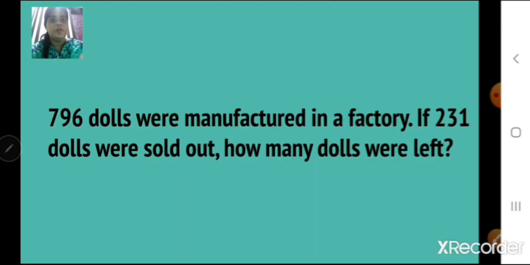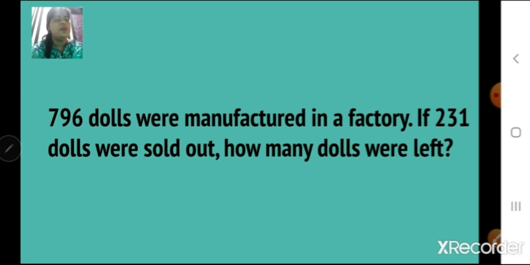Children, I have framed the question with the help of an example related to dolls. Okay, now look here, children. See the question that I have framed. 796 dolls were manufactured in a factory. Okay, so 796 is the total number of dolls that was manufactured.